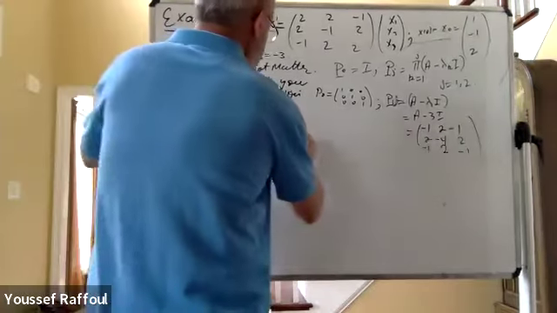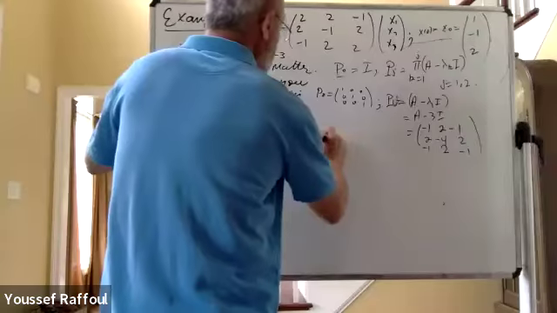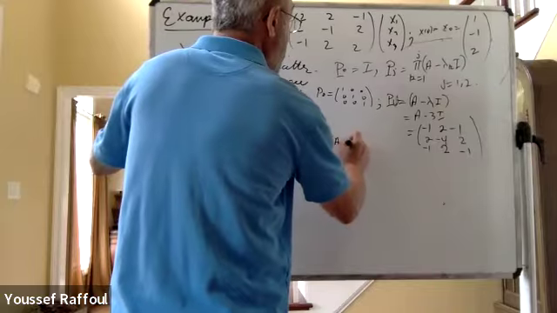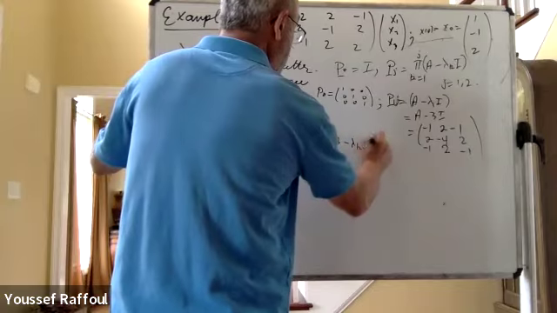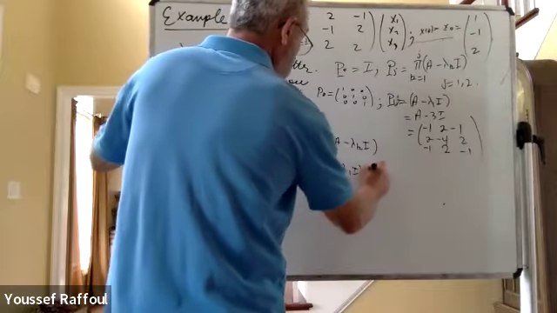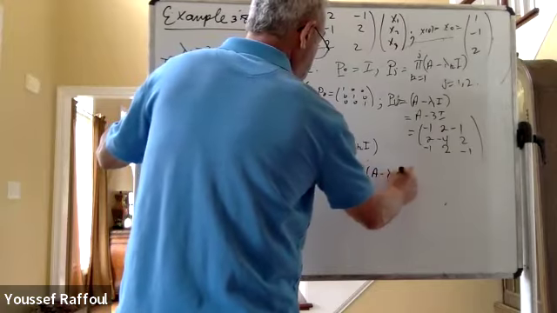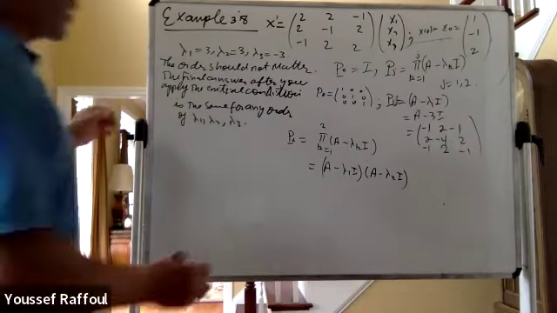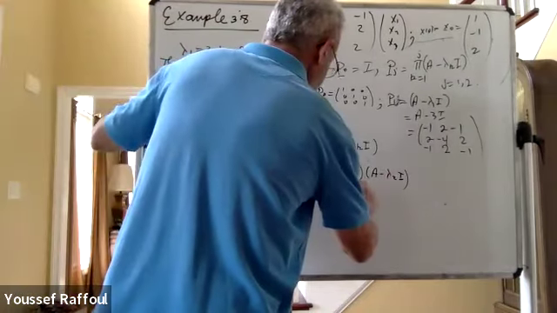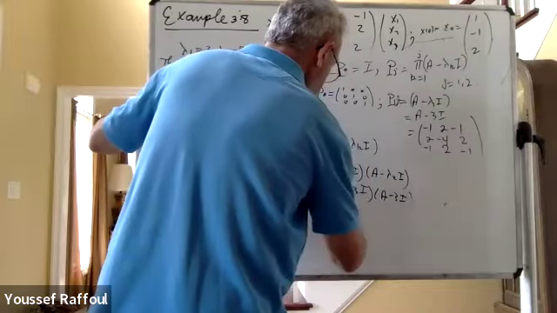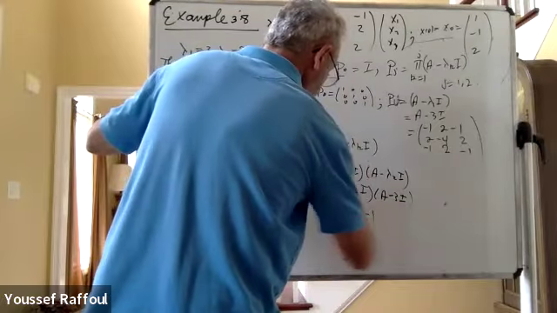And P2 equals the product for k equal 1 to 2 of A minus lambda k I, and that is A minus lambda 1 I times A minus lambda 2 I. And that is A minus 3I times A minus 3I, which is (A minus 3I) squared.